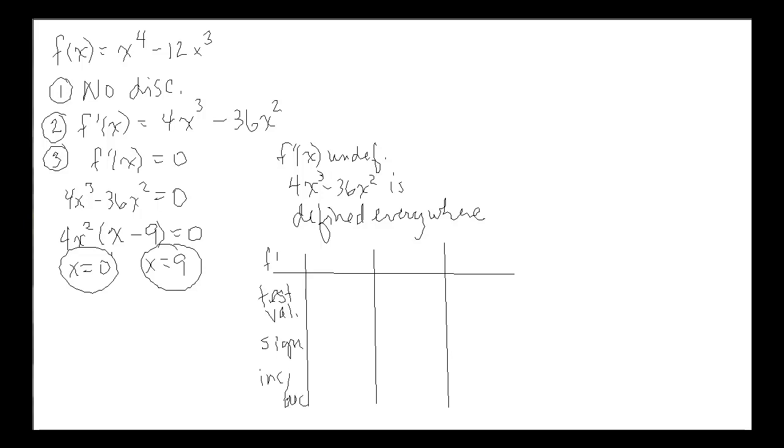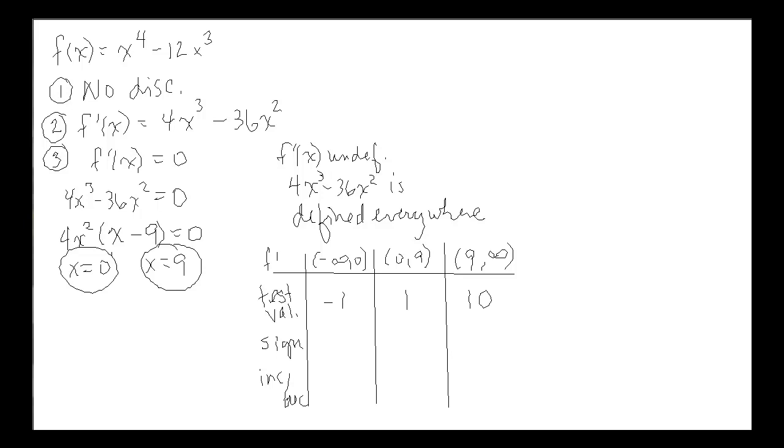Okay, so our intervals are going to be, let's see, the leftmost value is 0. So it's going to be negative infinity to 0, and 0 to 9, and 9 to infinity. Okay, so test value. Something between negative infinity and 0 would be negative 1. Something between 0 and 9 would be 1. Something between 9 and infinity would be 10.